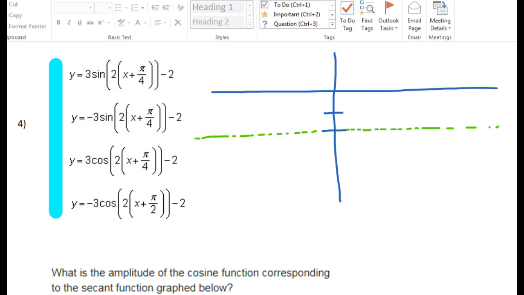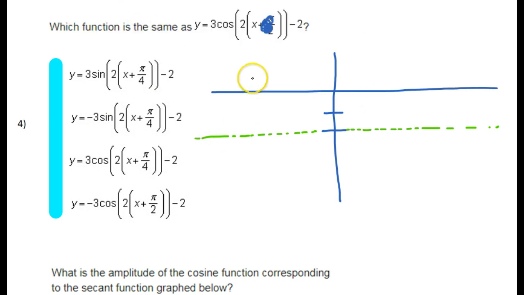Okay, now the amplitude is 3. So that tells me that the cosine will have to go 3 up from here. So 1, 2, 3 will have to go up to here and down from here. So we'll just go 1, 2, 3.